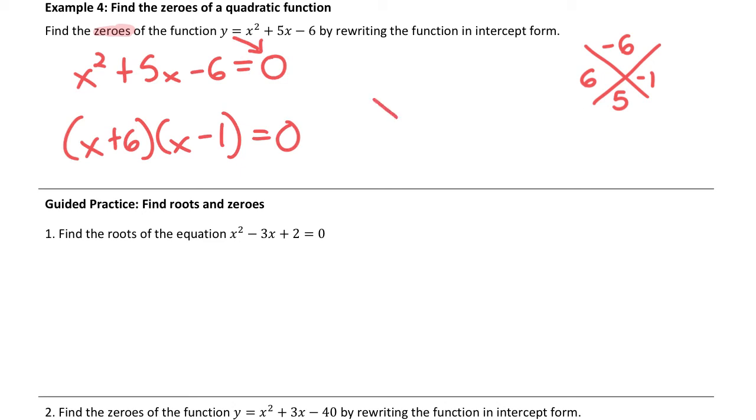And if you're using mental math, the value that makes the first factor 0 is negative 6. The value that makes the second factor 0 is positive 1. So those are my two solutions, my two zeros of that function. Okay, so that's the idea: we factor, and then we figure out which values make each factor 0.